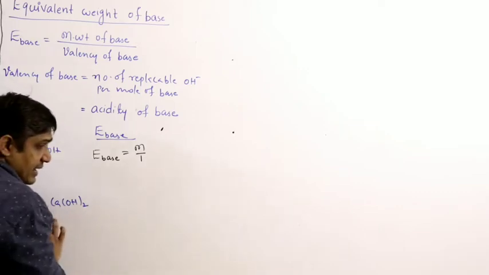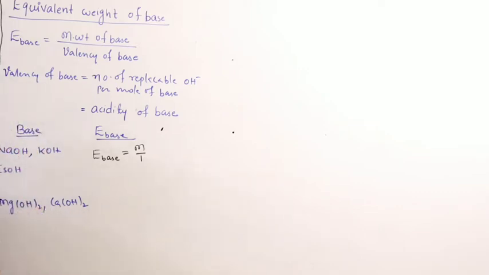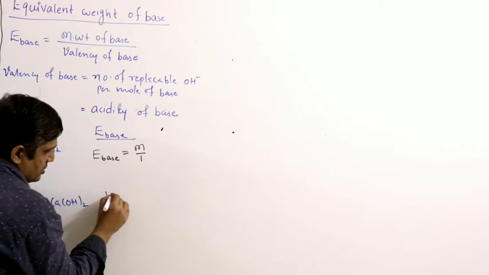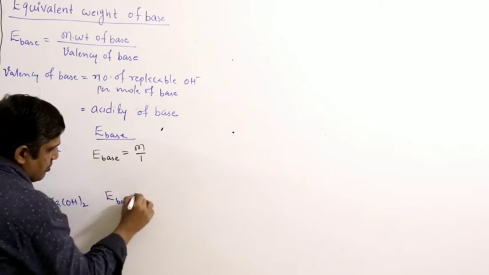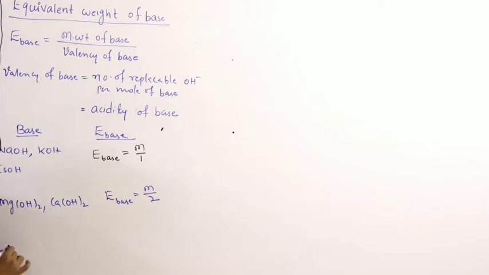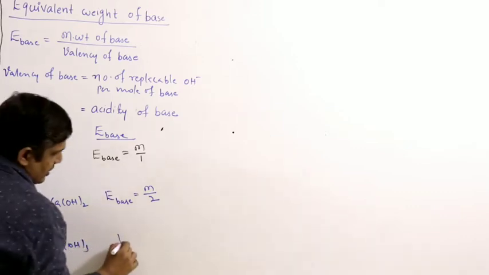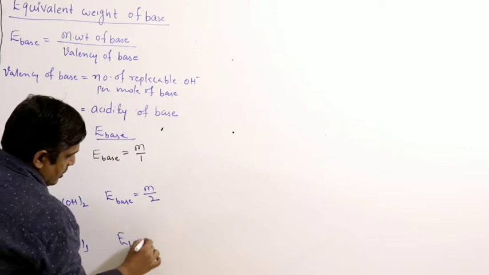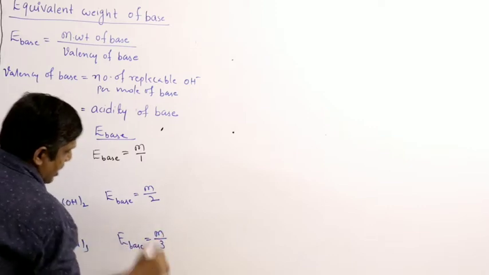Therefore, they are diacidic bases. So, the equivalent weight of these bases is molecular weight by 2. Similarly, you can write aluminum hydroxide, ferric hydroxide. You can clearly see that there are 3 OH groups. So, the equivalent weight of these bases will be equal to the respective molecular weight by 3.